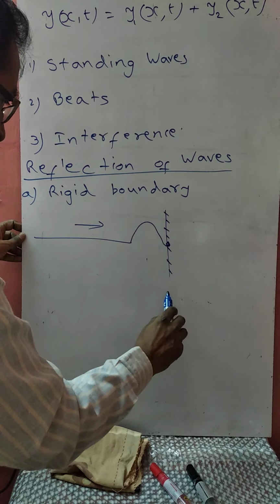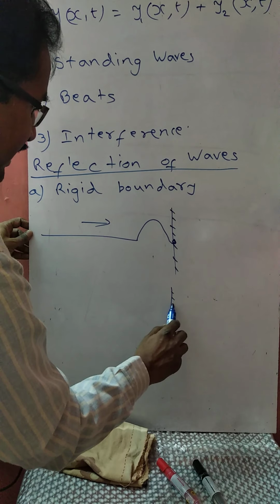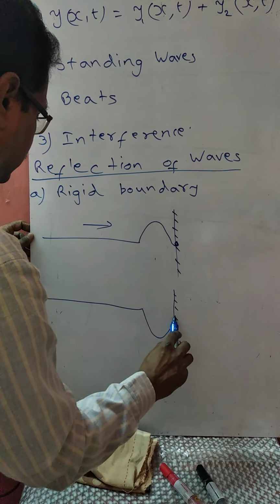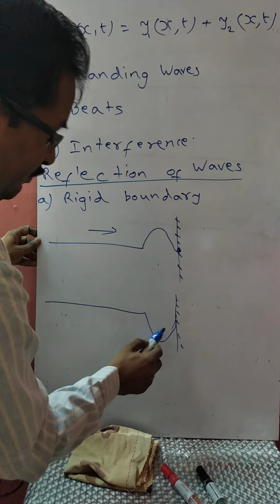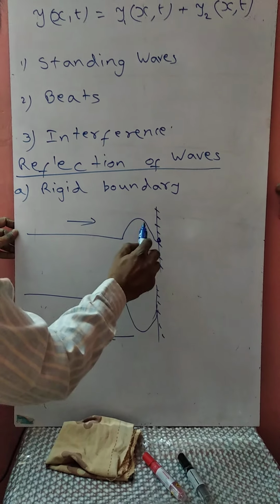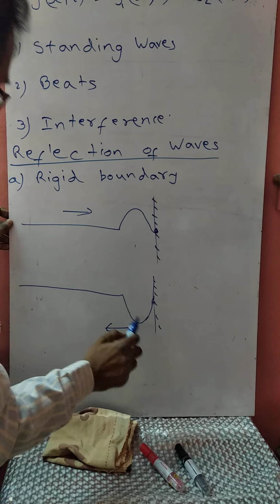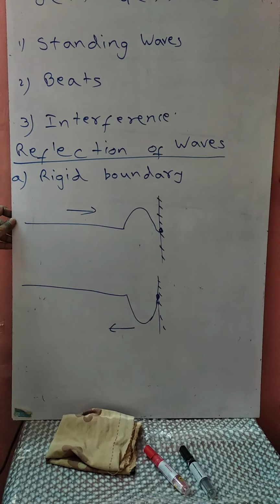Now if the reflection takes place, then the wave has a 180 degrees phase difference. The upward pulse becomes a downward pulse after the reflection at the rigid boundary.